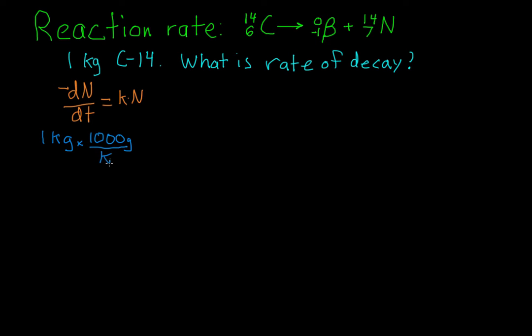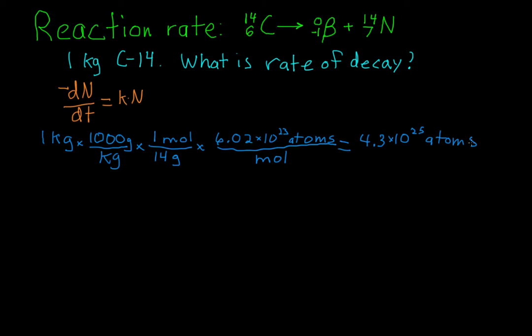So 1 kilogram times 1,000 grams per kilogram times 1 mole over 14 grams. We get 4.3 times 10 to the 25 atoms of carbon-14, and this equals n.